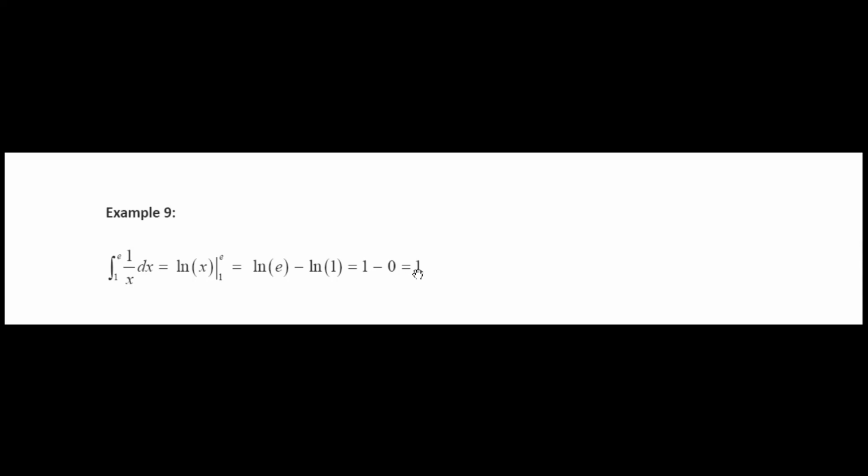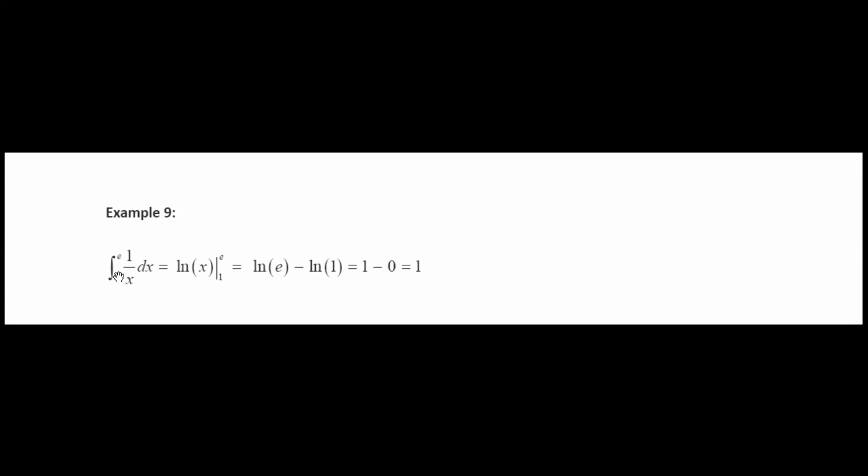Now, let us take a minute to point something out to you. Let's suppose instead of 1 to e, this thing were 2 to 7. It would be done the same way, except that this would be ln of 7 minus ln of 2, which we don't know what that is. We just more or less would have to leave that answer.